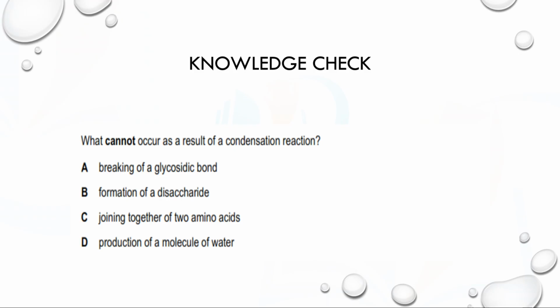Knowledge check. What cannot occur as a result of a condensation reaction? Pause the video and try it. It says breaking of glycosidic bond. The glycosidic bond is broken during hydrolysis, and hydrolysis cannot occur during a condensation reaction. Formation of a disaccharide is condensation, because they're joining two monosaccharides together.